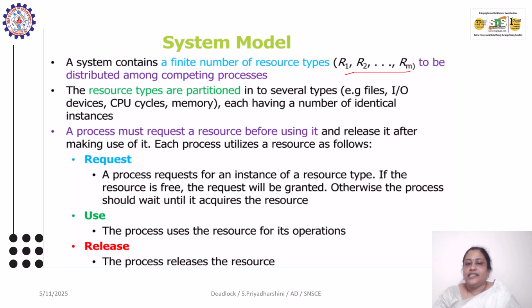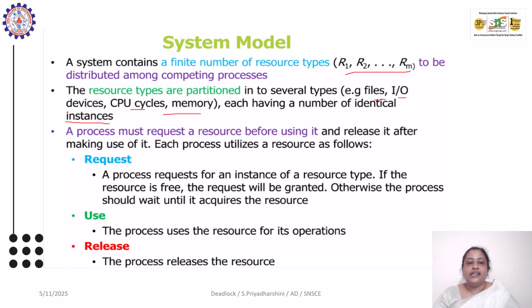So a system contains a finite number of resource types to be distributed among all the competing processes. These resources can be a file, an input output device, a CPU, memory, whatever it is. I told you about the instances of these resources.